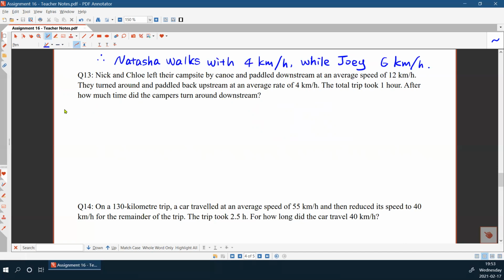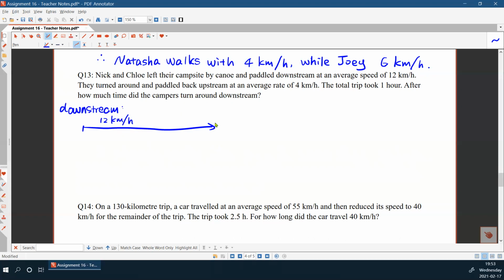So suppose this is downstream. When going downstream, you traveled at 12 kilometers per hour, right? Because the stream now is in your favor. So usually you travel faster downstream.